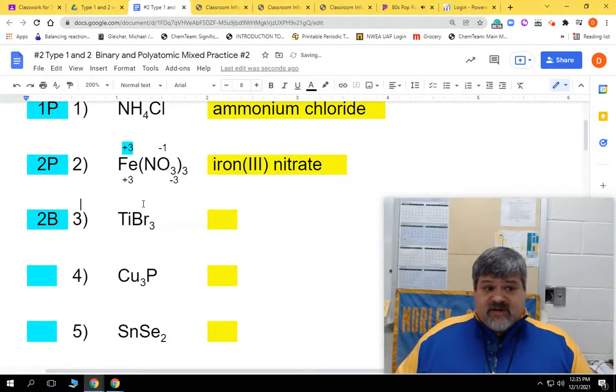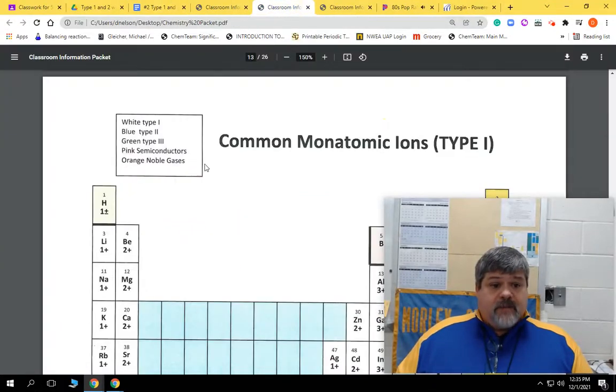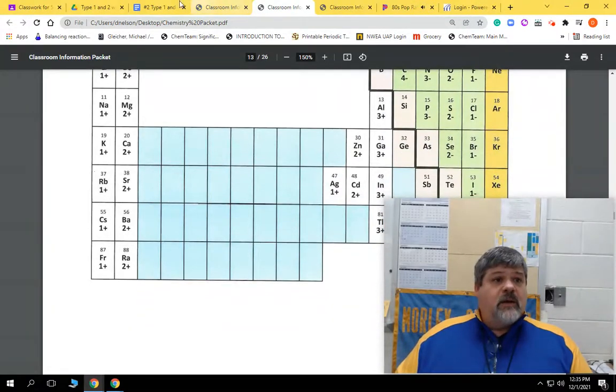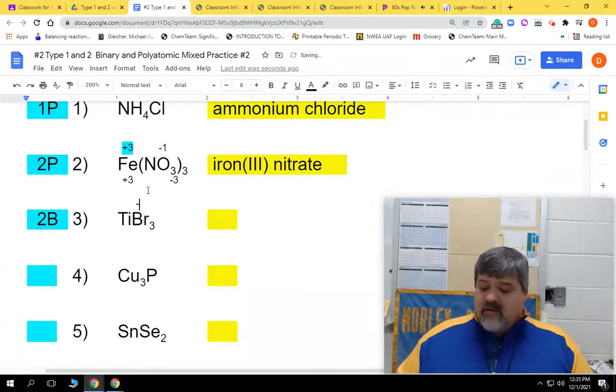I don't know what the charge of titanium is, but I do know what the charge of Br is. If I go to my page 12 and look right here, Br is right there. It is a -1, so I'm going to put a -1 above that. And I have 3 of them, so my total charge is going to be -3.